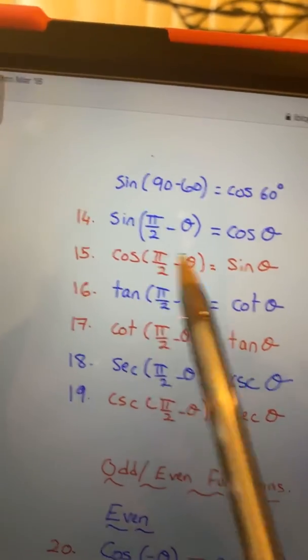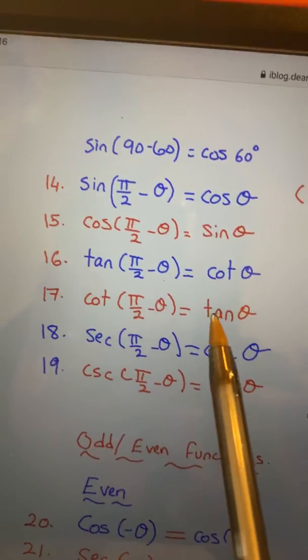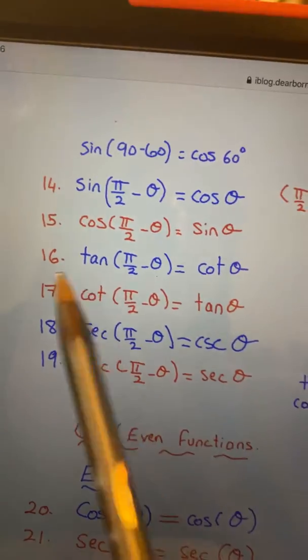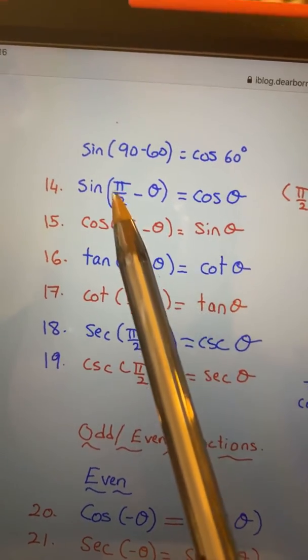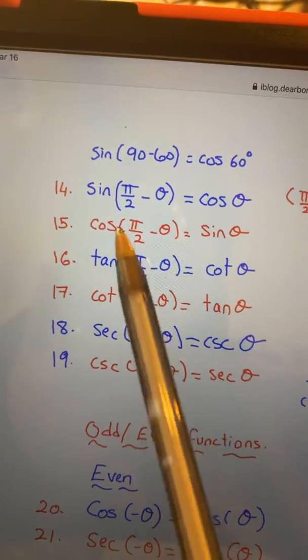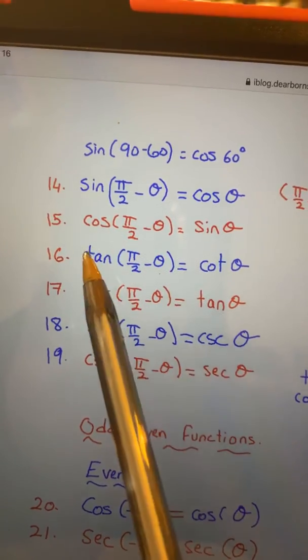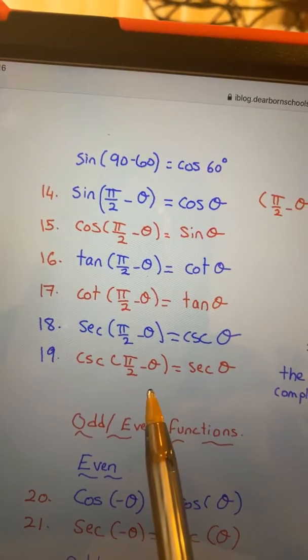The cosine is the sine. Tan becomes a cotan. Cotan becomes a tan. Secant, cosecant, and cosecant, secant. So if you just memorize the top one, which is number 14, you can get all of these from it. Sine, cosine, switch. Tan, cotan, switch. Secant, cosecant, switch them.